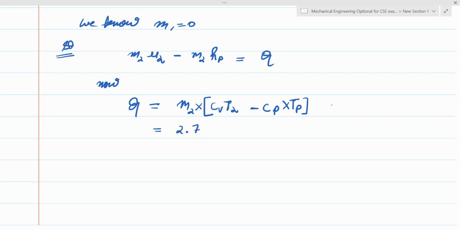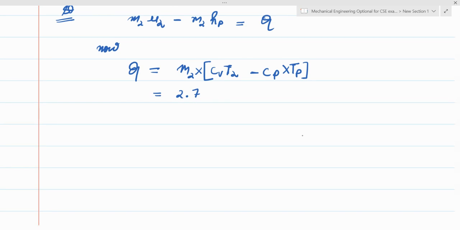Now this comes out to be 2.7 kg, because in the question it is mentioned the mass to be 2.7 kilogram that flows into the vessel, and the value of Cv is also given in the question, that is 0.67. T2 is also mentioned, that is 333 Kelvin, minus Cp 0.88 multiplied by 358.